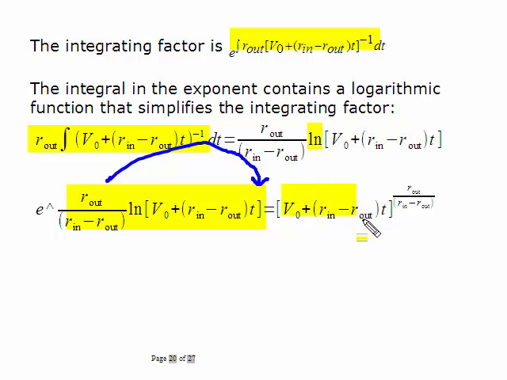Now you end up with no e in the integrating factor. That's a little unusual, but I just wanted to point out that we're doing a problem that's a little different here. This is a case in which your integrating factor does not contain e to some exponent.